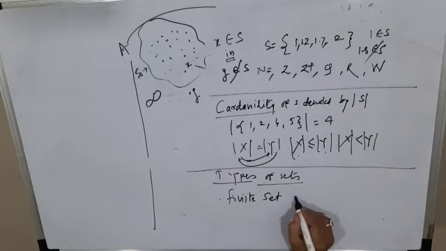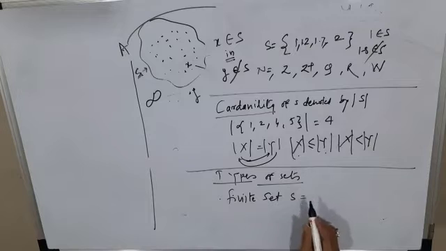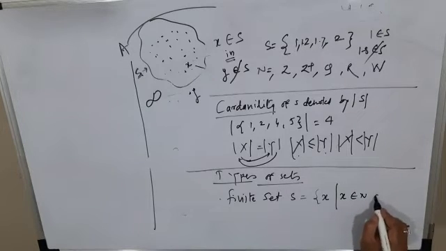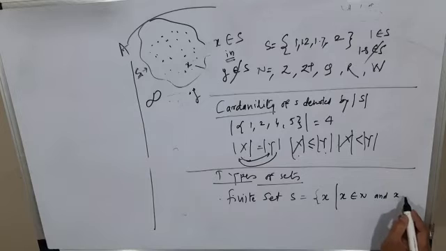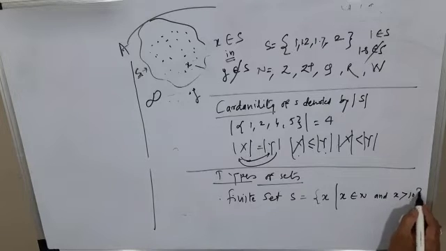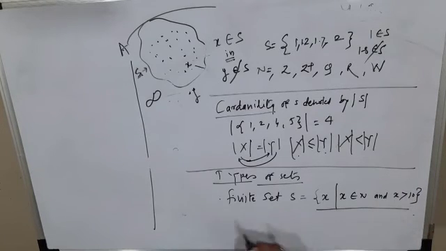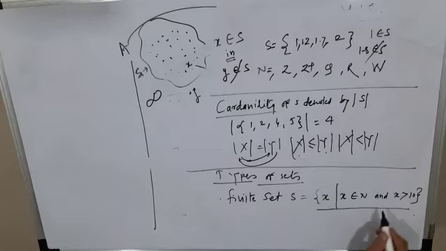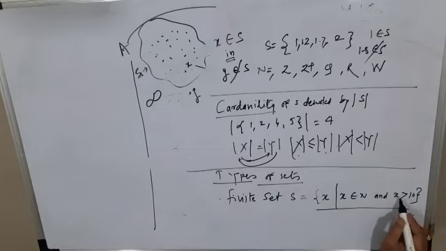You can say that S equals {x : x belongs to N and x is less than 10}, the previous example which we have taken in the last explanation.